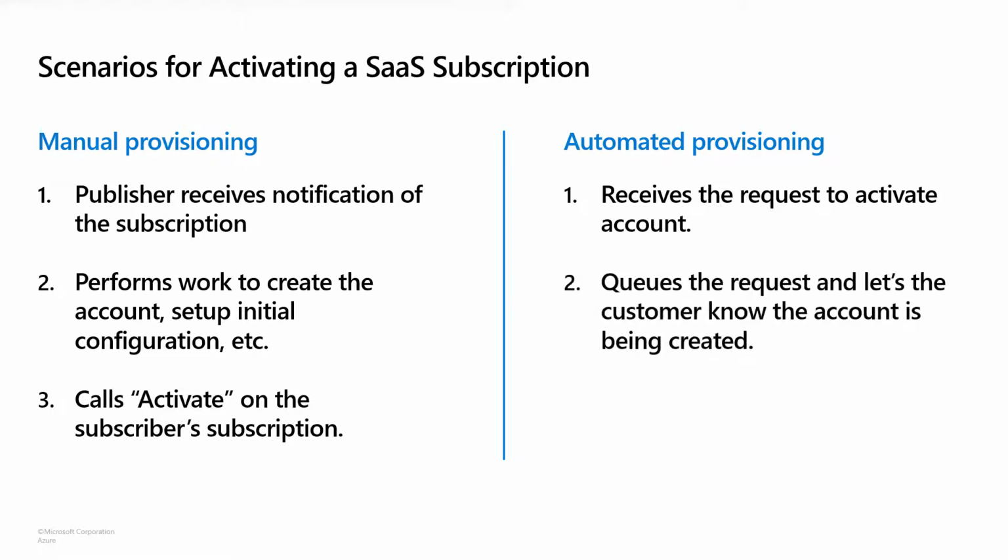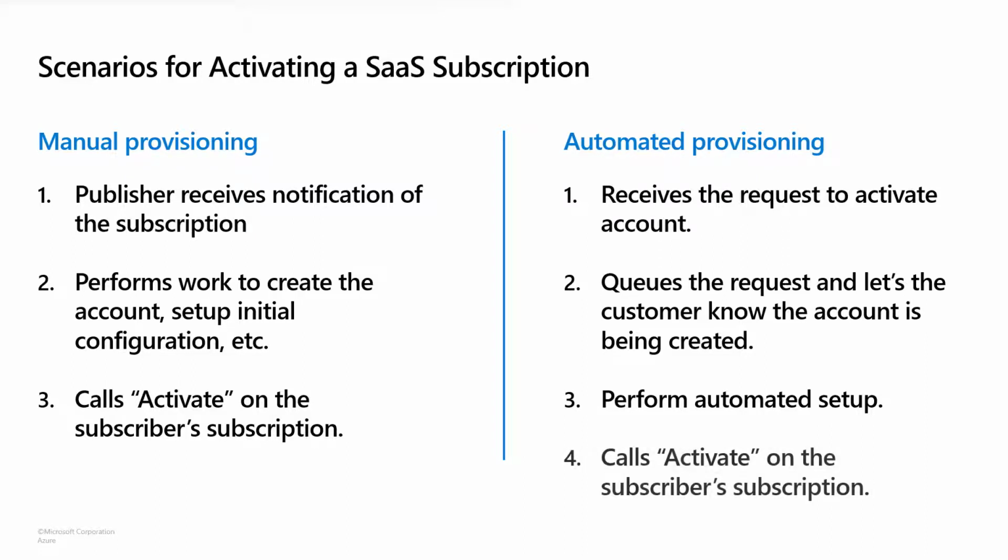That request can go into a queue or into a database or into some other mechanism that's going to kick off a provisioning process for the customer. We can, on the resulting page, also let the customer know that the account is in the process of being created. And finally, we perform the automated setup. We can do that with scripts or code or whatever it is that the publisher has behind the scenes that's going to do that automated setup.